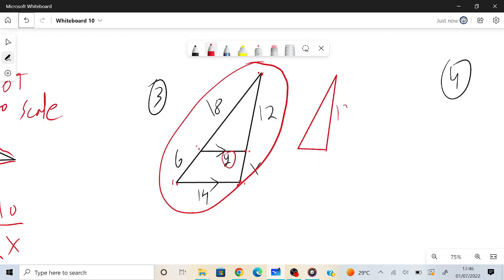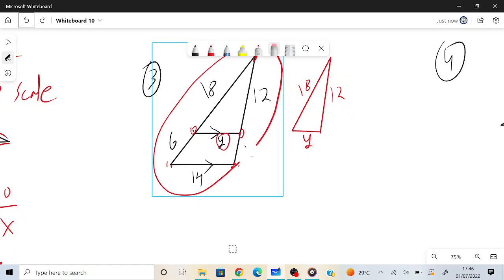This would have been 12, this would be 18, and this would be y down there. So what I did is I simply took the top part of the triangle, and kept it separately, and now I'm comparing this small part to the whole triangle that I have on the left.